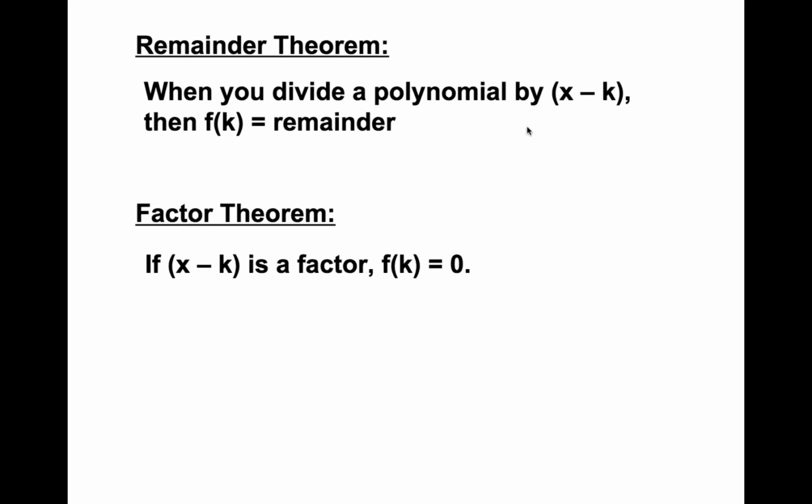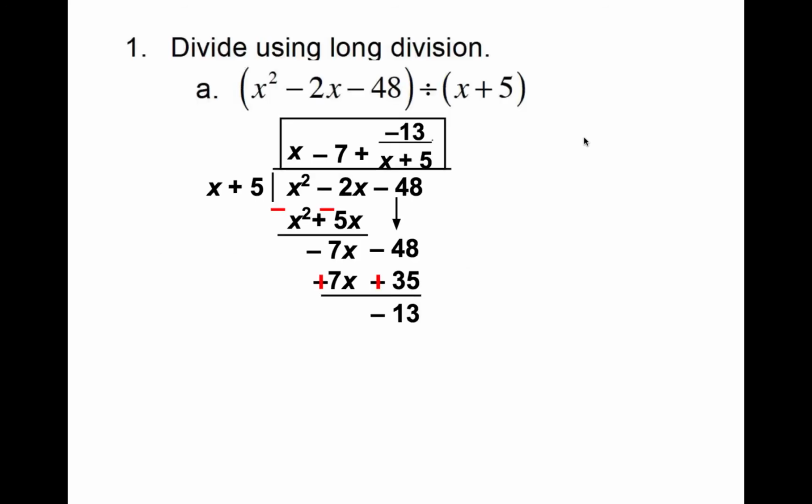All right, so this sounds really confusing, but let's take a look back at number 1a. Notice this is a number that we were dividing by. What it's saying is if I set this factor equal to 0 and solve for x, I'm going to get a negative 5.